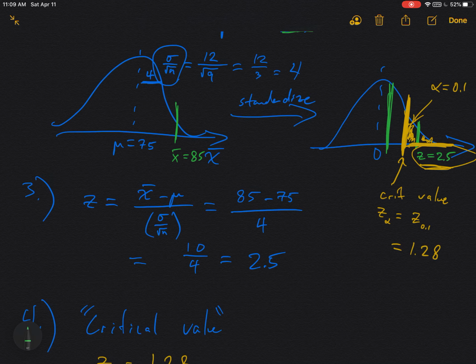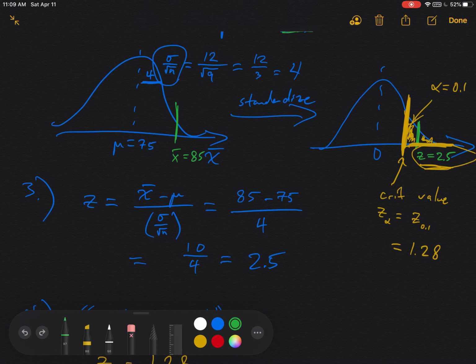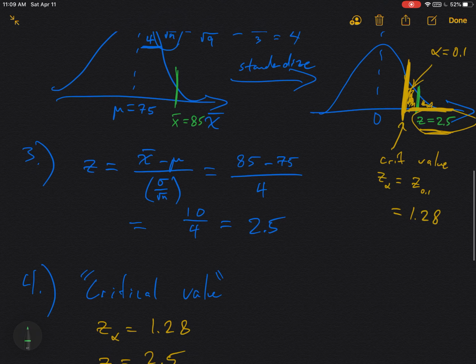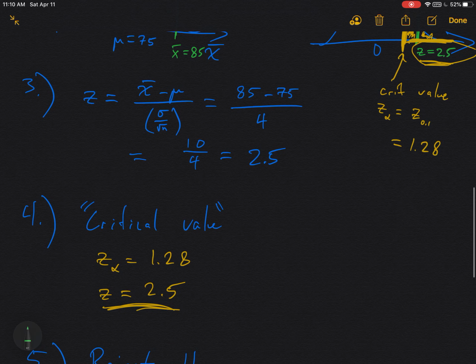In other words, if we ended up getting a z-value that was less than 1.28, then we would be pretty close to what the teacher said we should be at. But because we ended up getting a test statistic that's significantly further over to the right, past our critical value, we are willing to reject the null hypothesis. So that's one way of deciding to reject the null hypothesis.